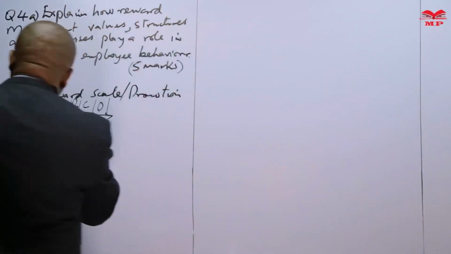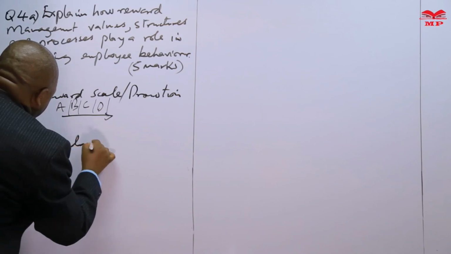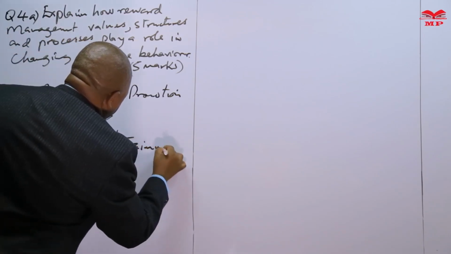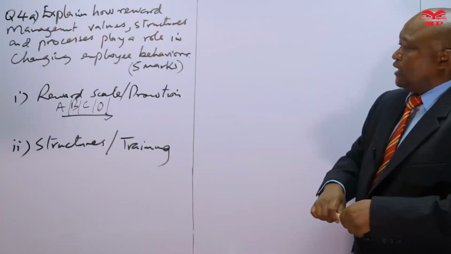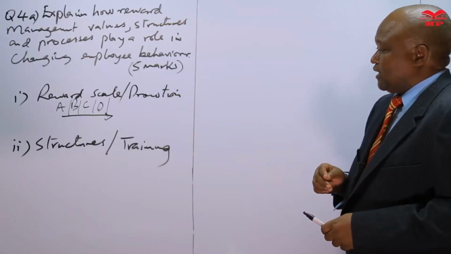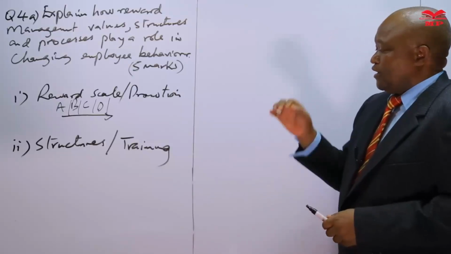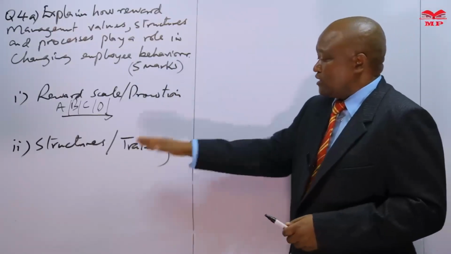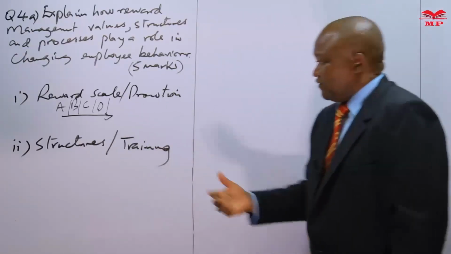Secondly, structures and training. An organization may have reward management structures which require that employees who fit into a particular structure may not go to the next structure unless they have undergone a training program, either within the working environment or outside it.